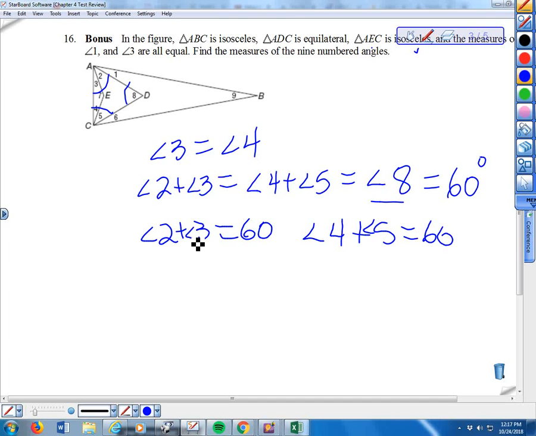Okay, what else? I know 1 plus 2 plus 3 is equal to 4 plus 5 plus 6, because this long triangle is isosceles too.